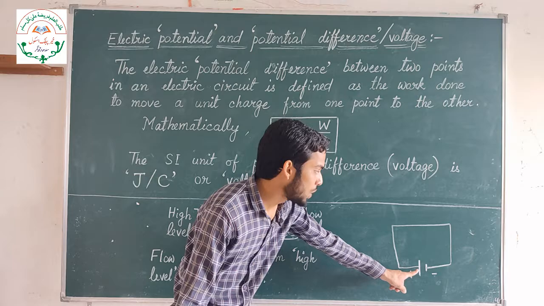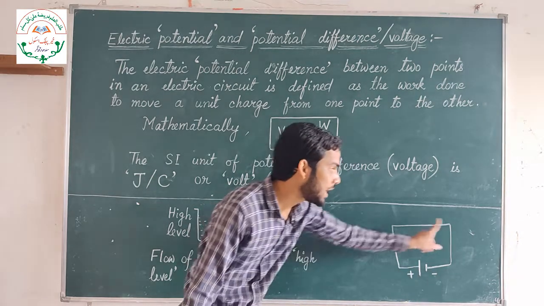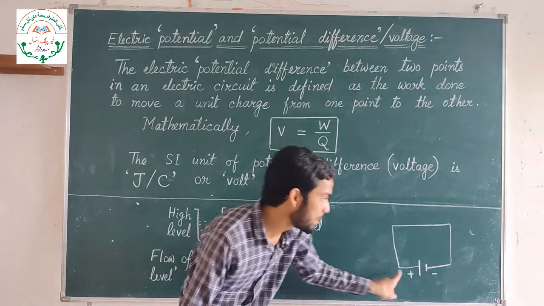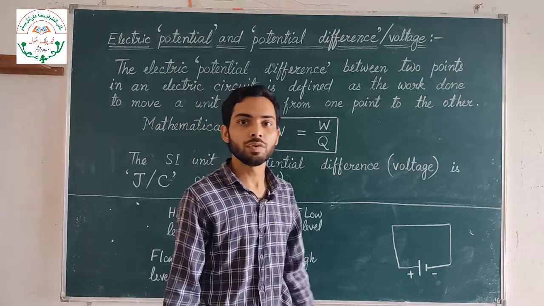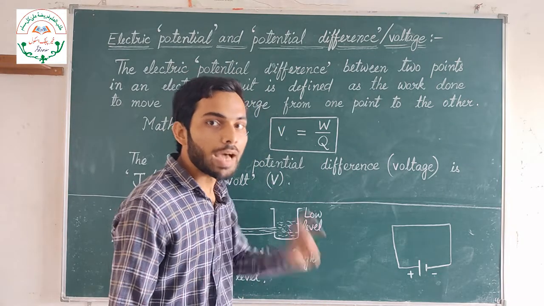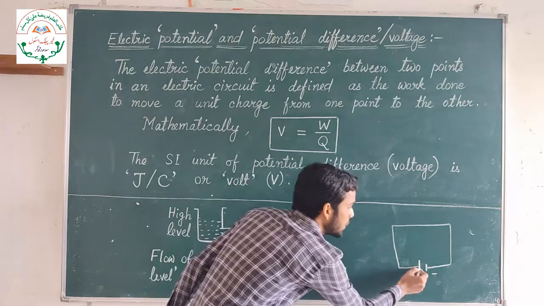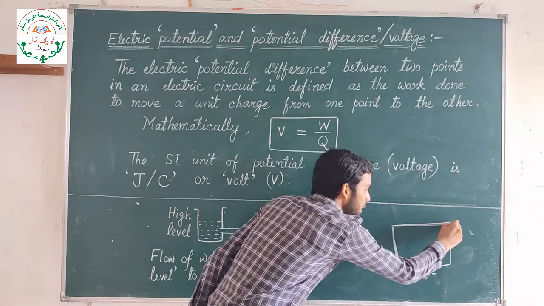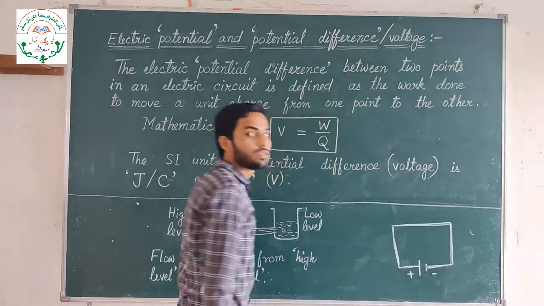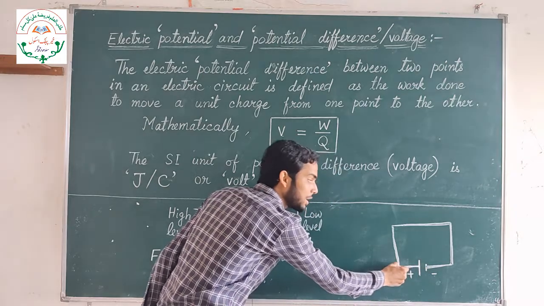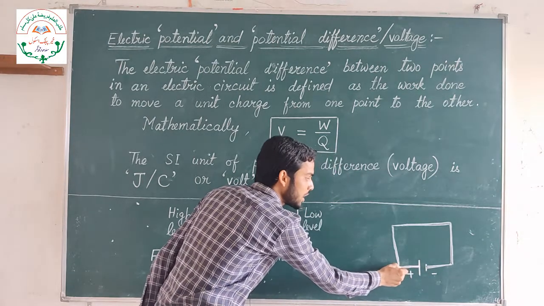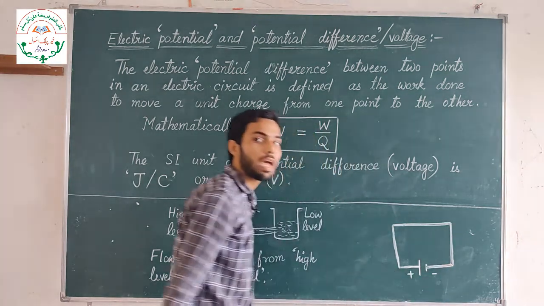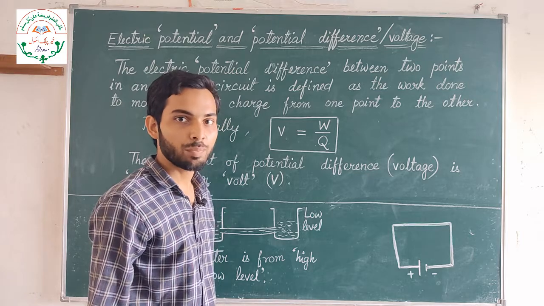Now when I join both terminals with the conductor, the electrons will start moving from the negative terminal of the battery towards the positive terminal, and conventionally we can say that the direction of electric current will be from the positive terminal of the battery towards the negative terminal, as we discussed in our previous video.